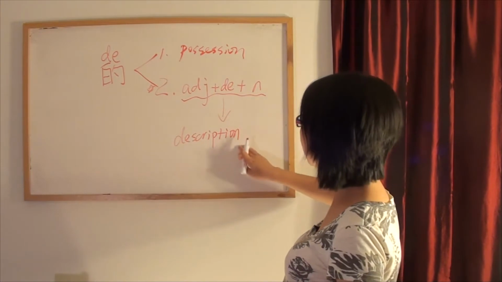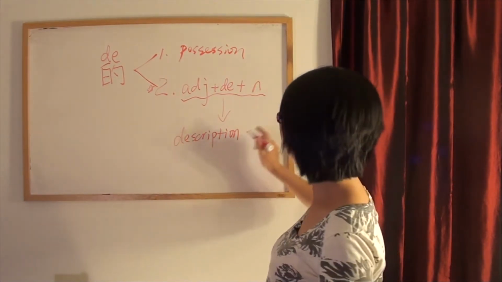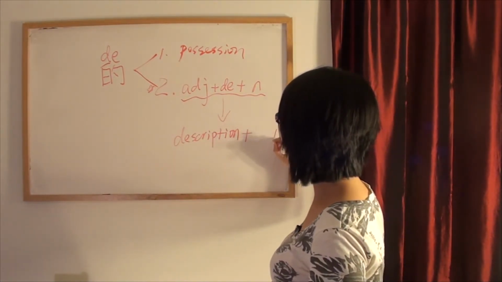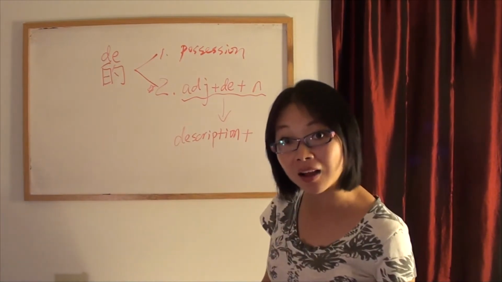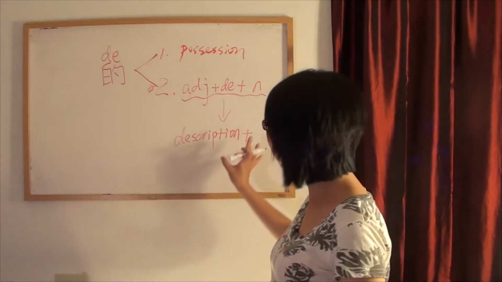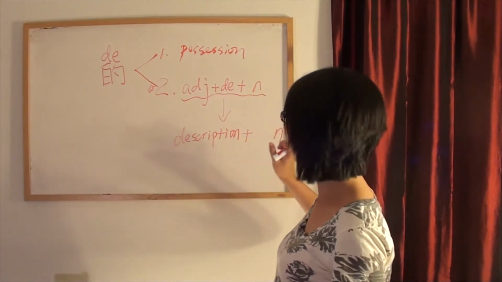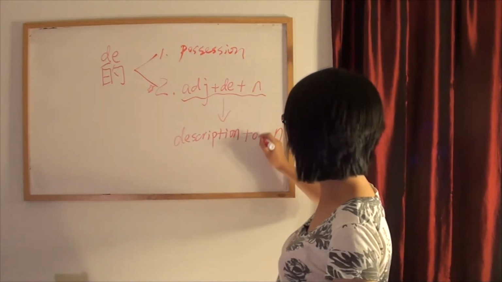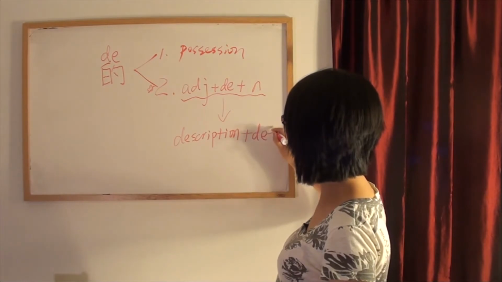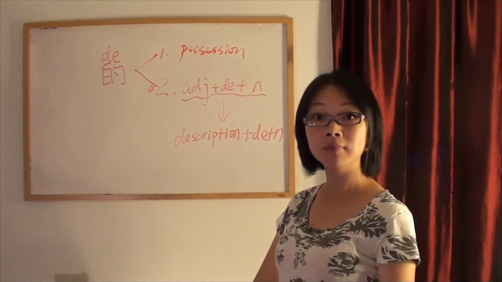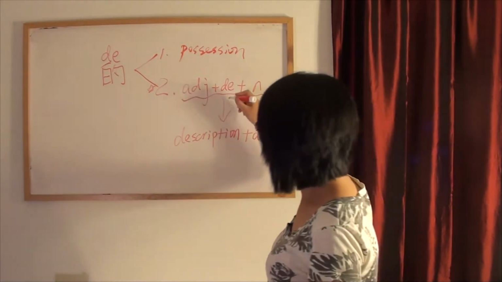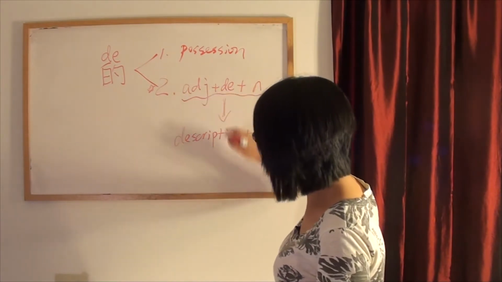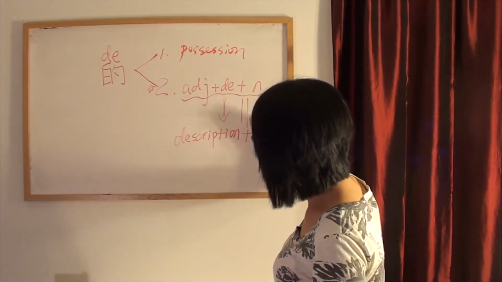So any description, where do we put that? Before the noun. But can we just put them together without any connection? No. You have to use 的 to connect them.